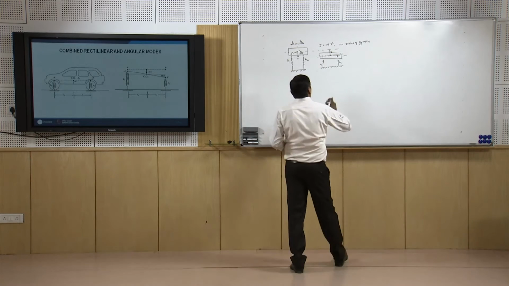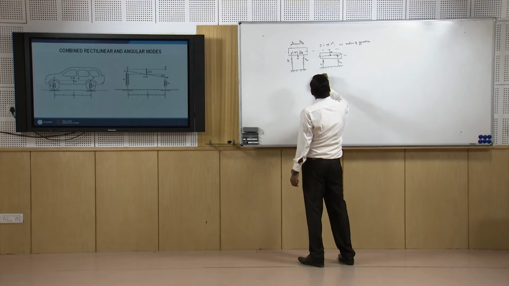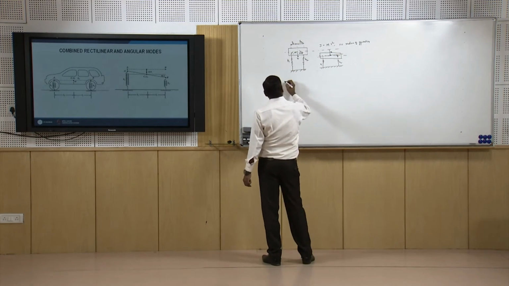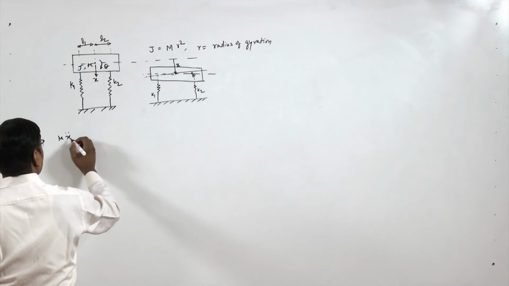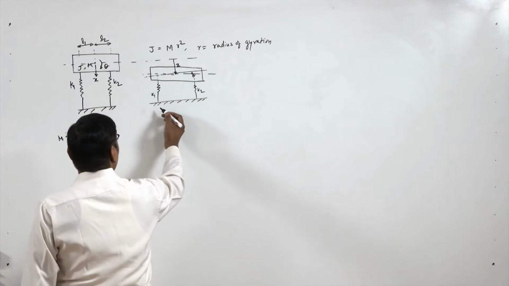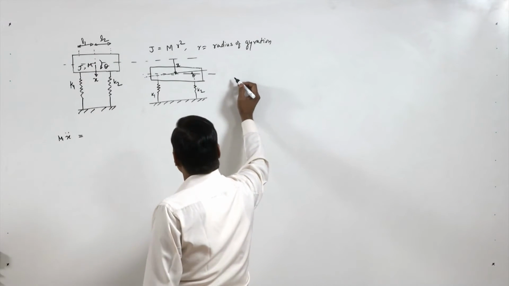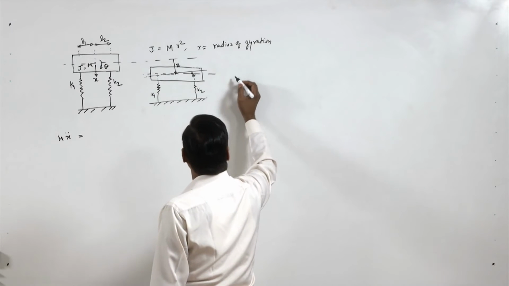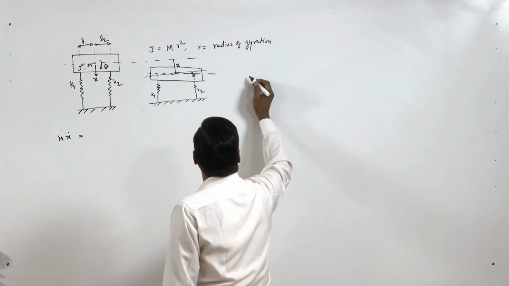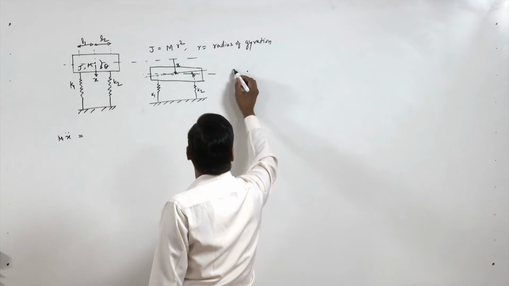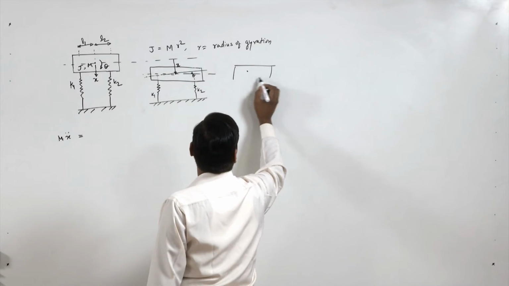So in the linear direction, we have m x double dot equal to, okay, so what are the forces on the mass?